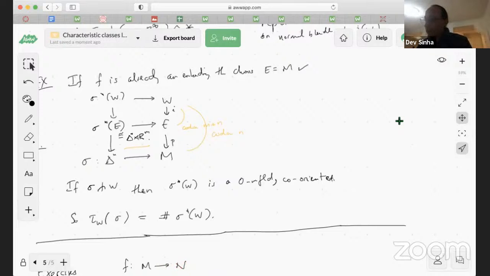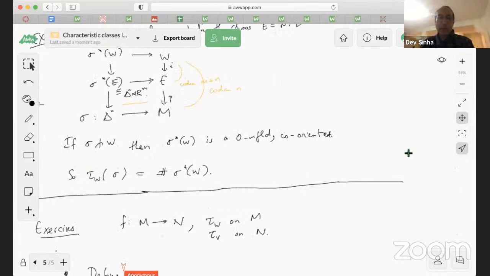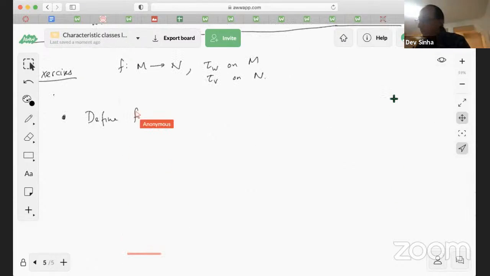And suppose I've got a Thom object tau W on M and a Thom object on N. Again, we can think of them as submanifolds. So let's first think about the normal variance. Define, at the cochain level, what should be the cochain pullback of tau sub V on N.